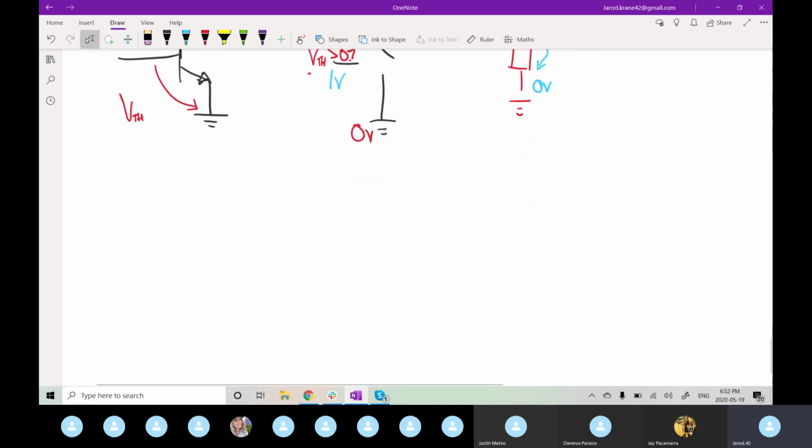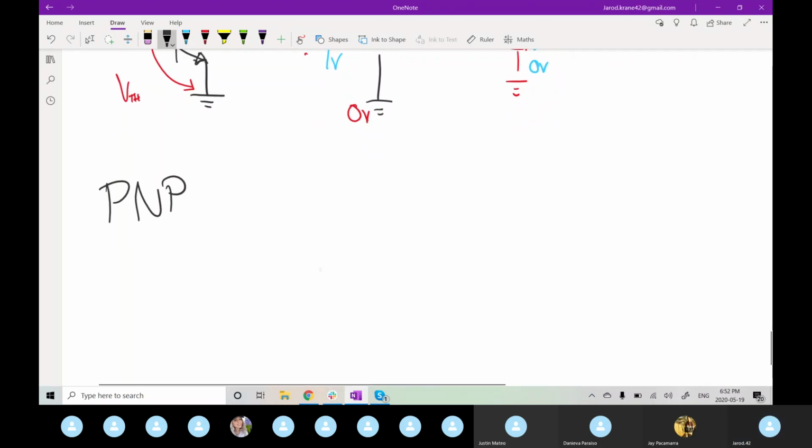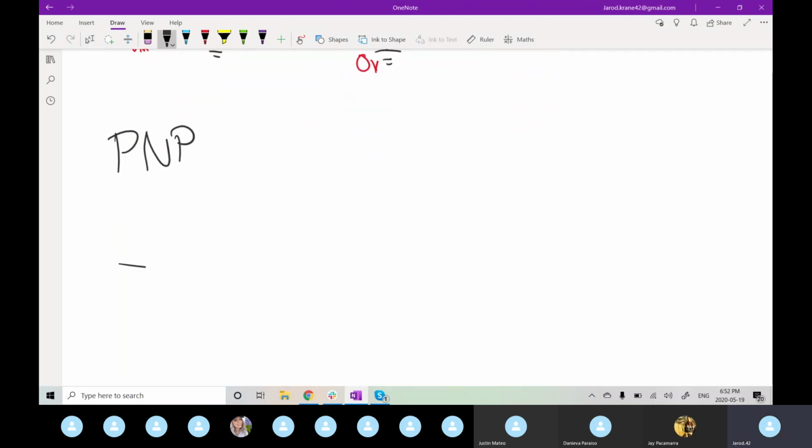So if we slide on into the PNP, similar design, where it's base, emitter, collector.